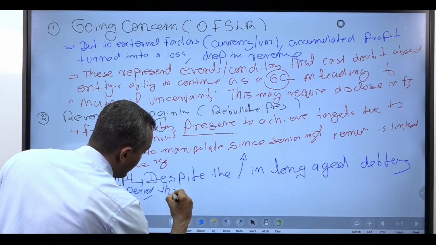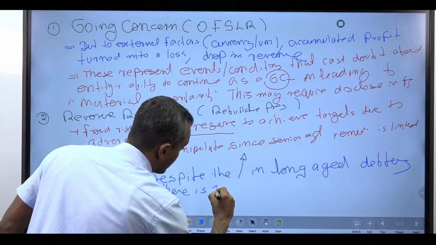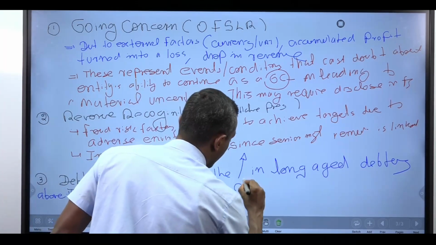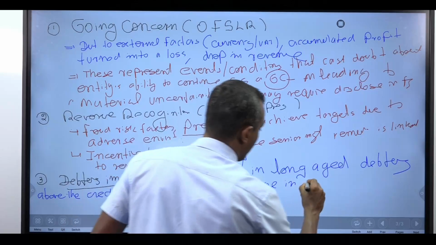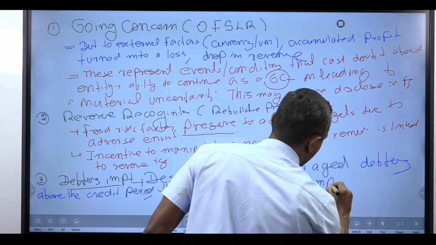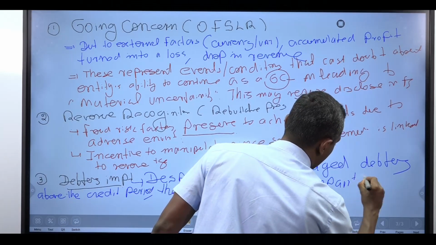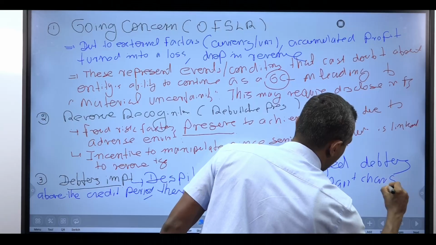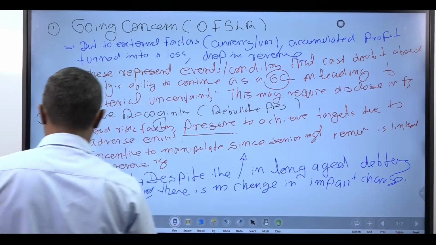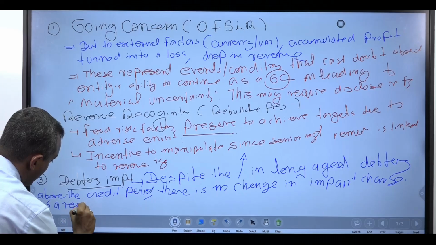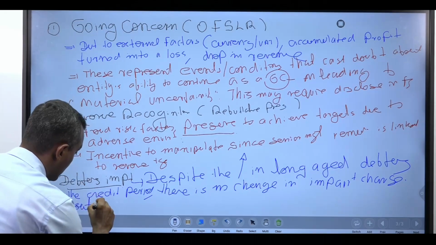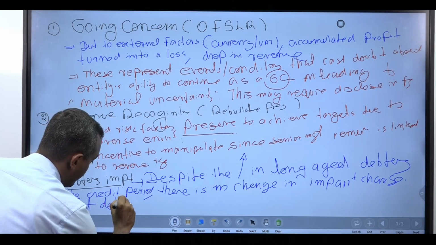There is no change in the impairment provision, in impairment charge. So what? As a result, debtors could be overstated.